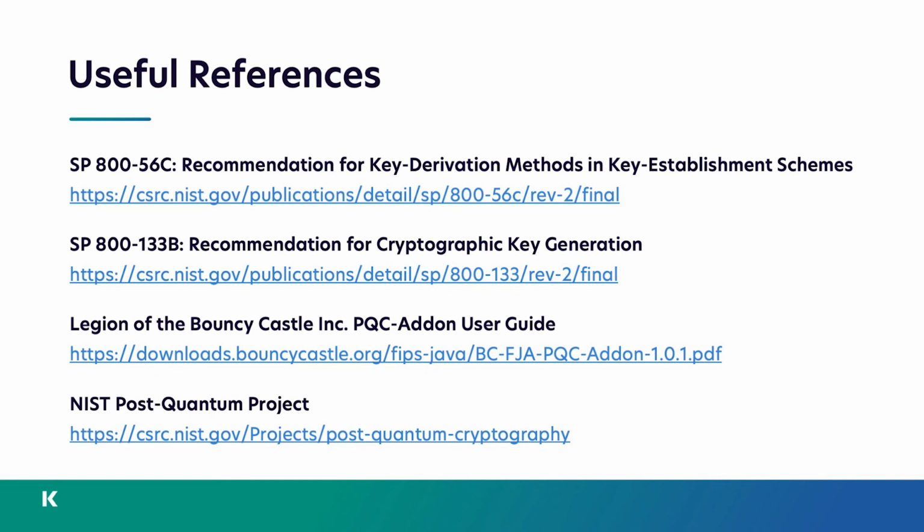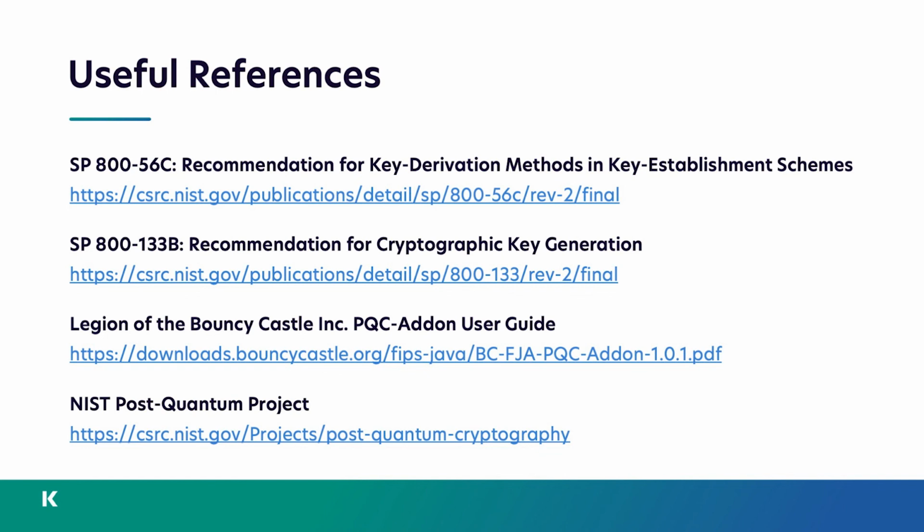The SP 800-56C is in fact the KDF recommendations for two-step KDFs, which talks about the concatenation of the Z and T value that we talked about in the first section of this workshop. The next one, of course, is recommendations for cryptographic key generation, which is the one that talks about the use of the XOR operator.